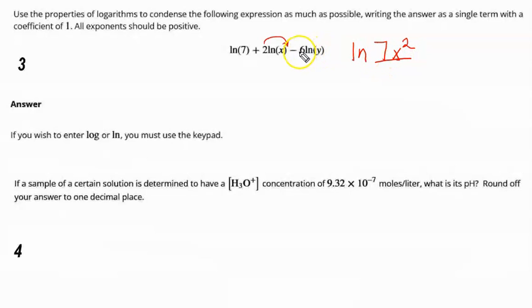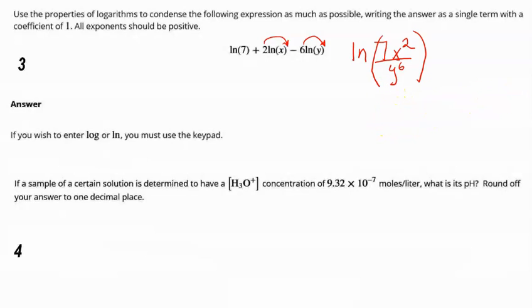And then this is going to be divided here. Again, that 6 is going to come up there. And it's going to be y to the 6th power. And I would put parentheses around there, and I believe that is it.